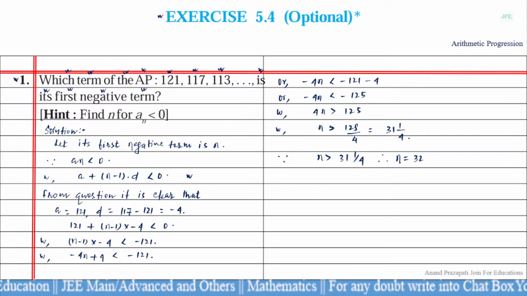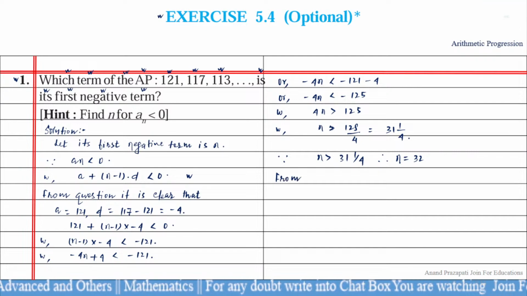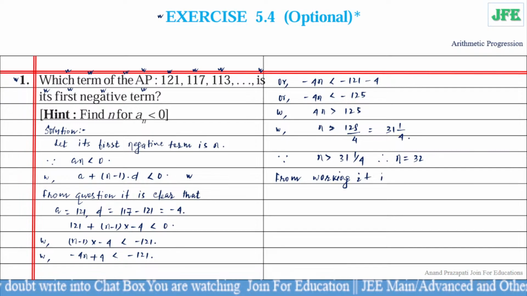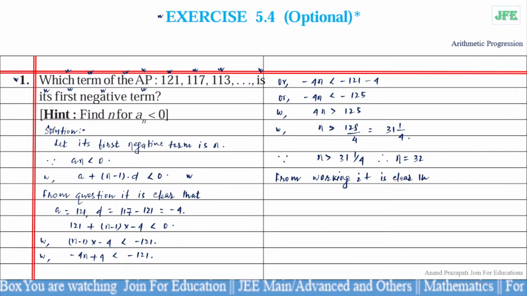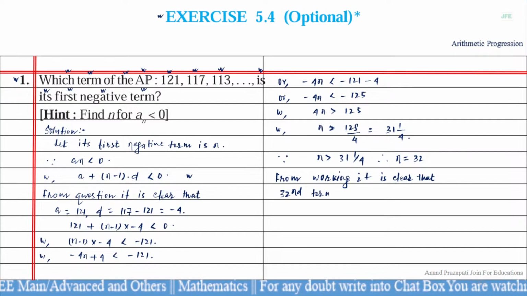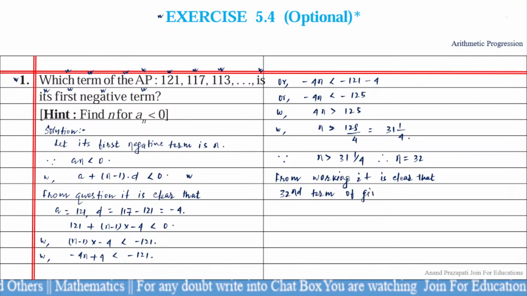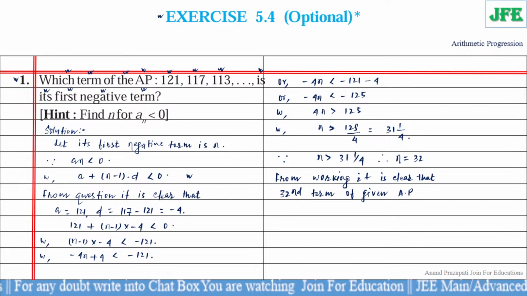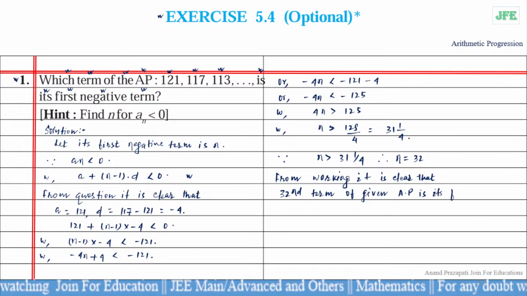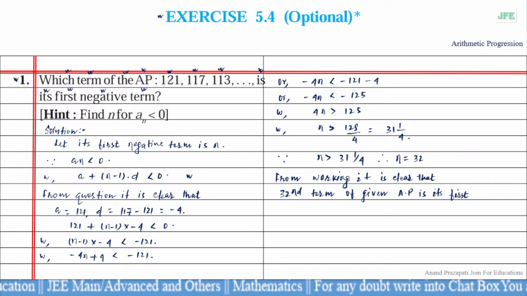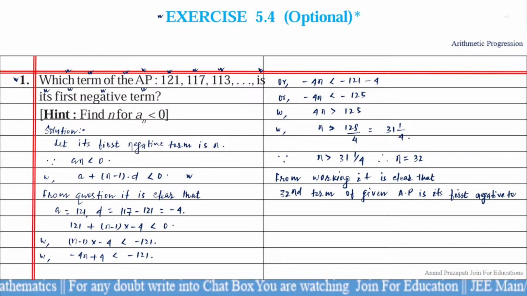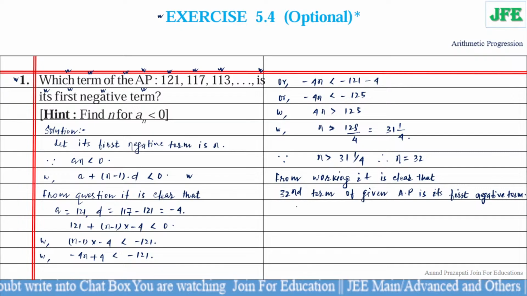From this working it is clear that the 32nd term of the given AP is its first negative term. So this will be the answer of this question.